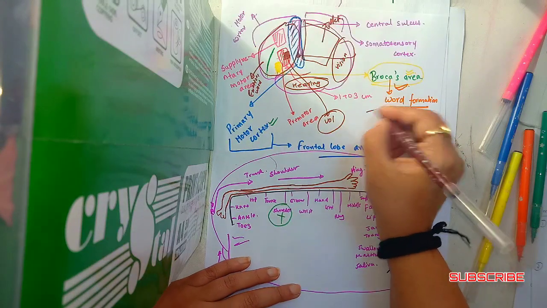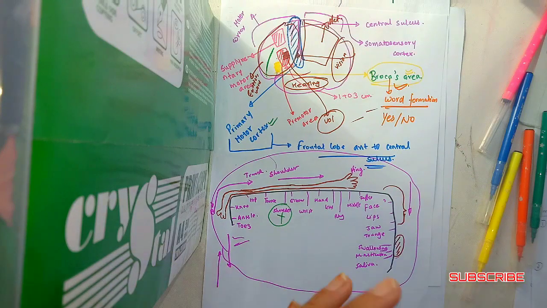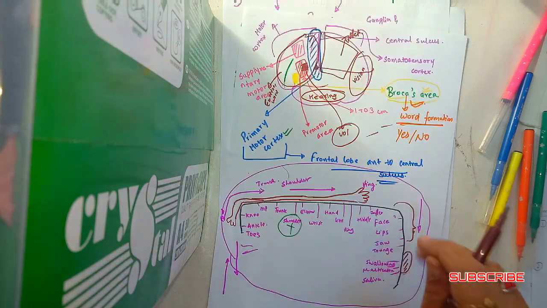Like one eye can be on the left side, one eye can be on the right side, so the voluntary control of the eye will not be there.